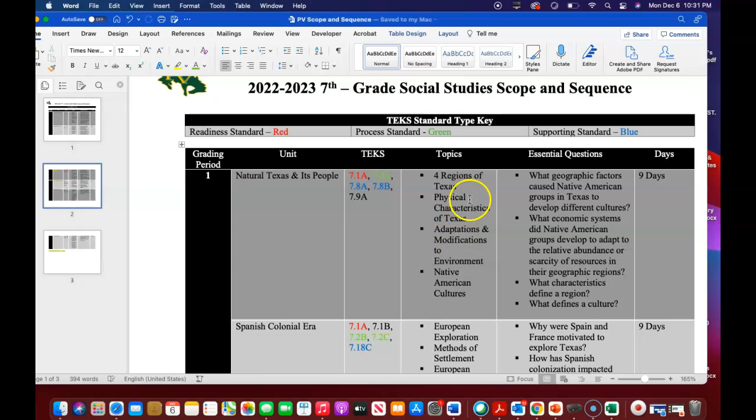The different topics that you'll cover are the 4 regions of Texas, the physical characteristics of Texas, adaptations and modifications to the environment, and the Native American cultures of Texas. This particular unit has 4 essential questions that the students will be able to answer after you complete this unit, and it will take you 9 days to complete the unit.